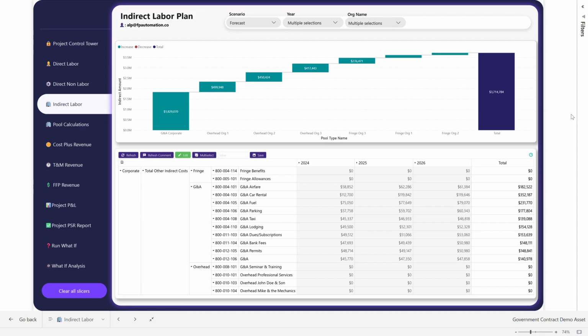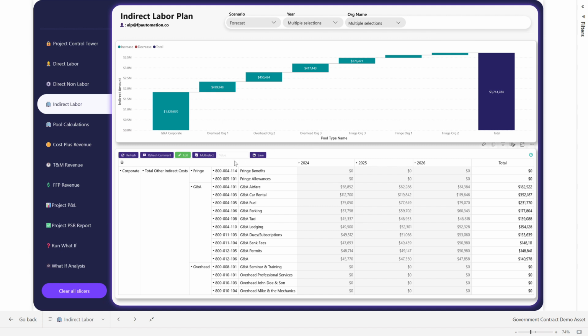In this video, indirect labor will essentially be all the expenses that are either indirectly related or related to the entire company to keep the lights on for the company that will need to be allocated to projects accordingly based on certain allocations in order to be able to figure out what the all-in dollar cost is for a typical project and how we should be pricing it accordingly in order to stay profitable and within government contract limits when it comes to the type of profitability that we can achieve.